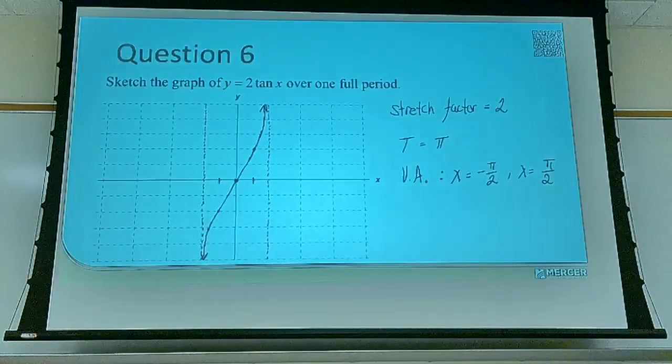And be careful, because unlike the cubic, which does something like this, for a brief instant it goes fully horizontal at the origin. Tangent doesn't. Tangent never goes horizontal. So be careful when you're sketching it.